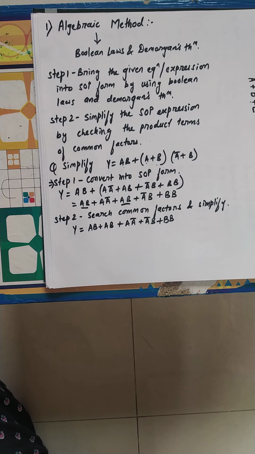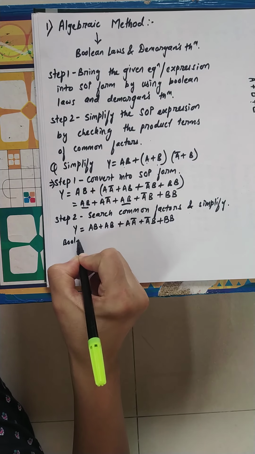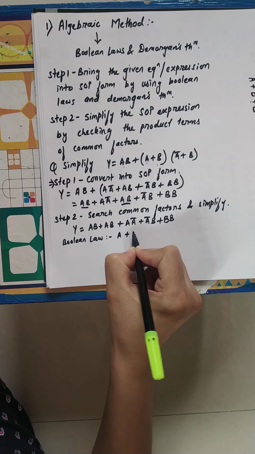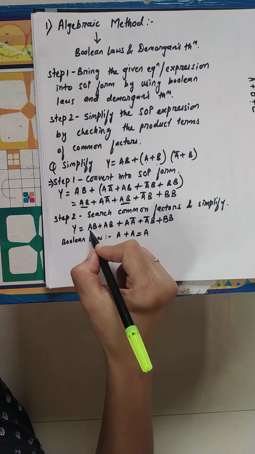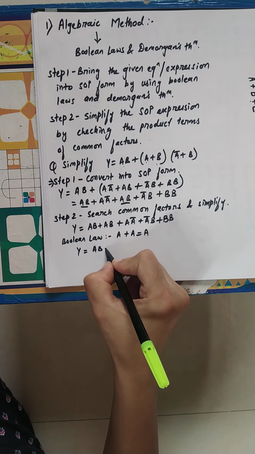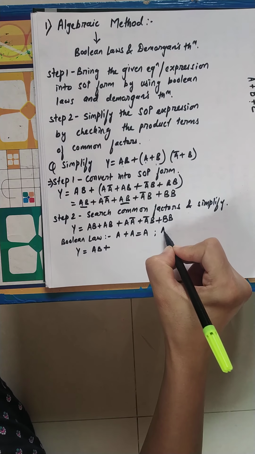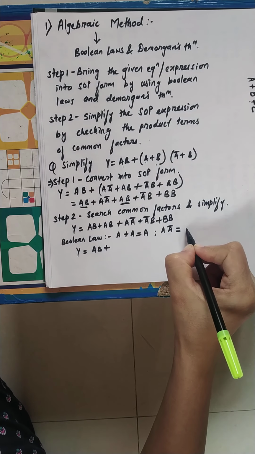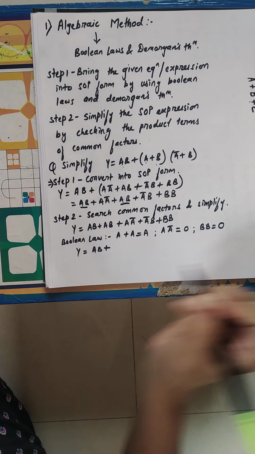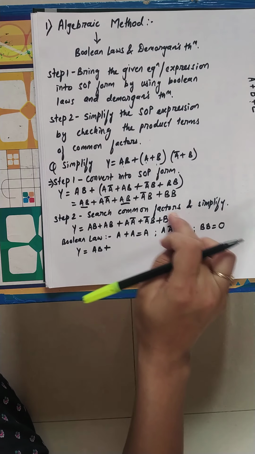According to Boolean law, A plus A equals A. Here AB plus AB means it will be a single AB, right? Plus, the next Boolean laws are A dot A bar equals 0 and BB equals B.